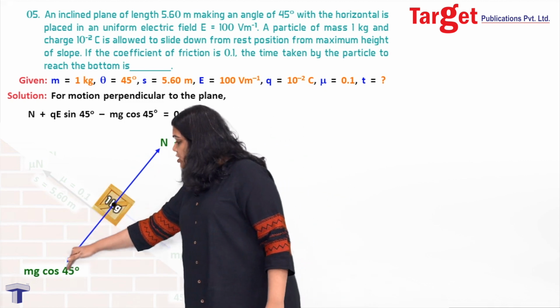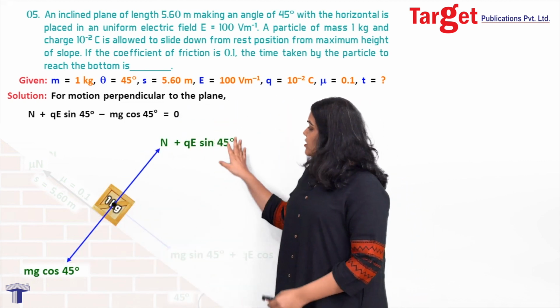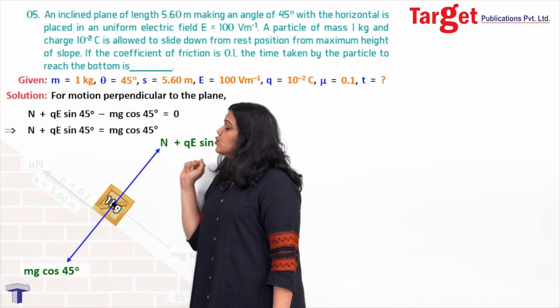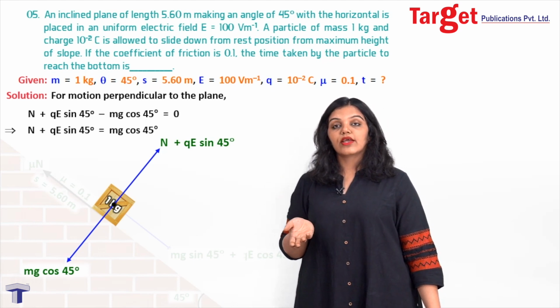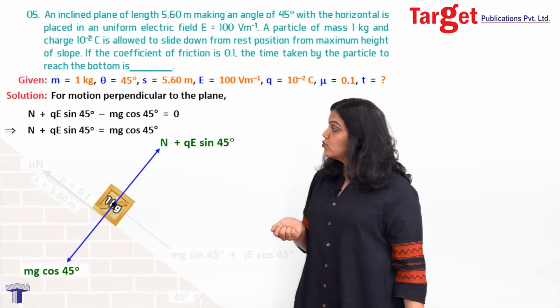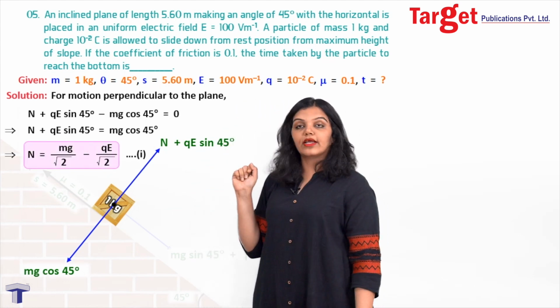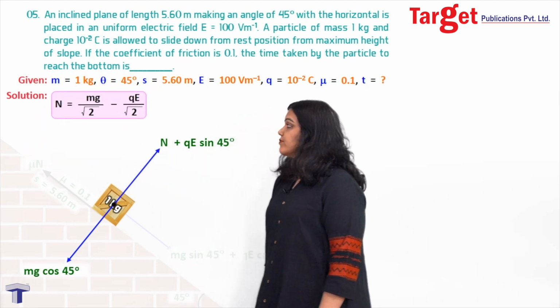Because there is no motion along this direction. The particle is not moving along that direction, and therefore it's equal to 0. Obviously, this means that N plus QE sin 45 is equal to mg cos 45. Sin 45 is 1 by root 2, cos 45 is 1 by root 2. So here I'm going to write N is equal to mg by root 2 minus QE by root 2. I'm going to need this value of N, so I'm going to save it.